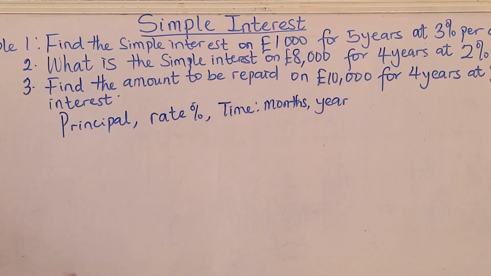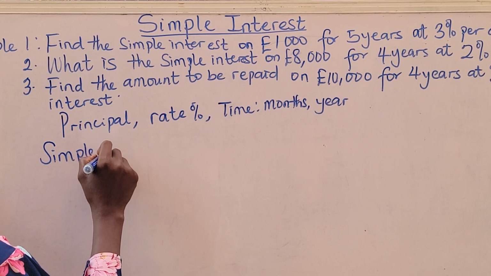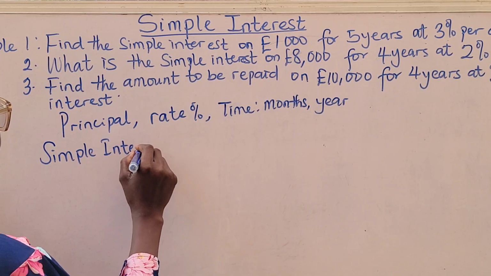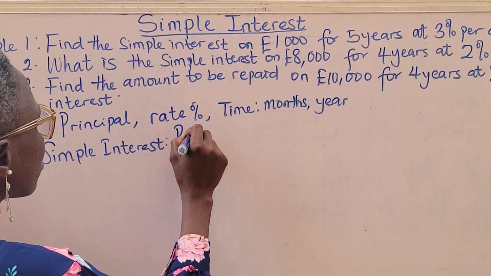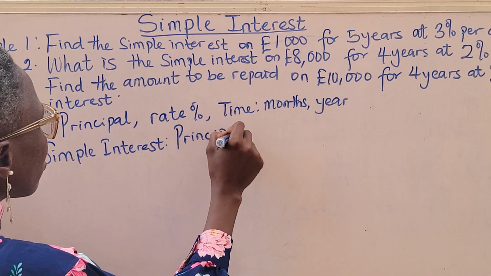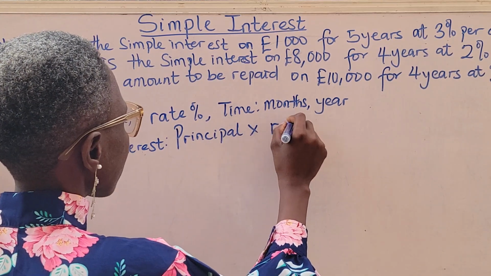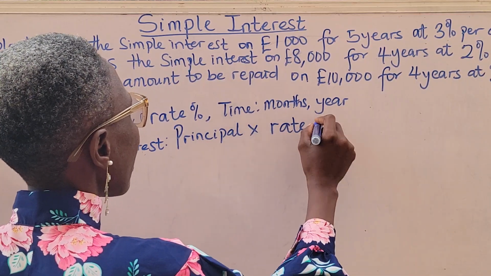So, what's the formula for simple interest? This is how to solve it. Simple interest. The formula is principal times rates, which is always in percent, times time.